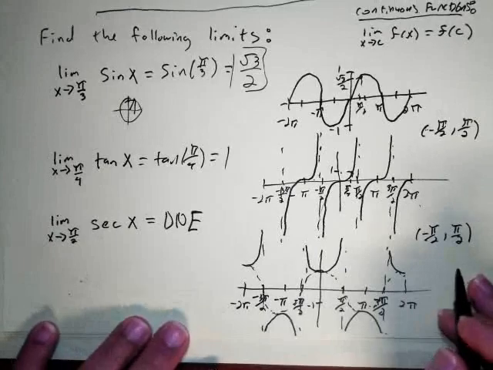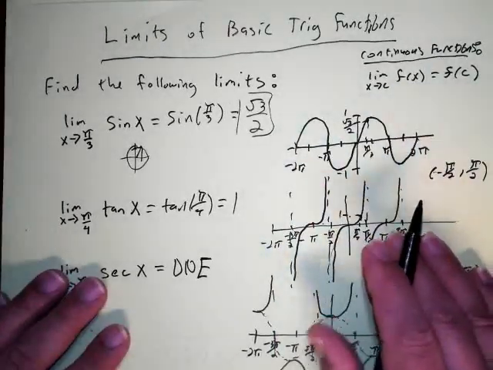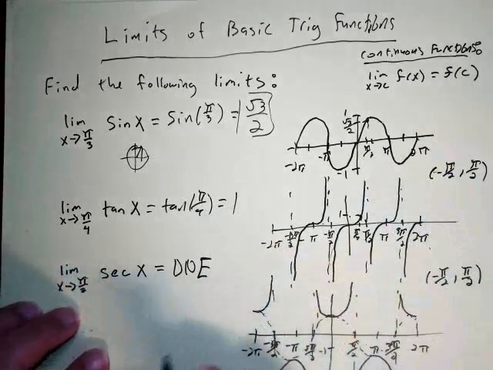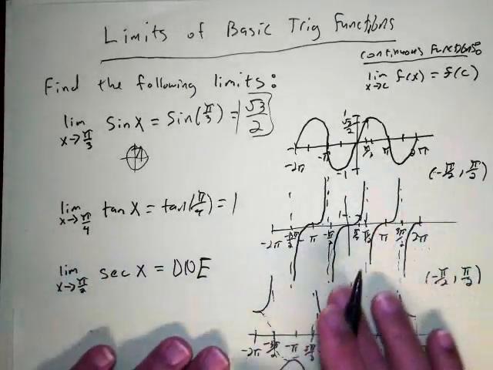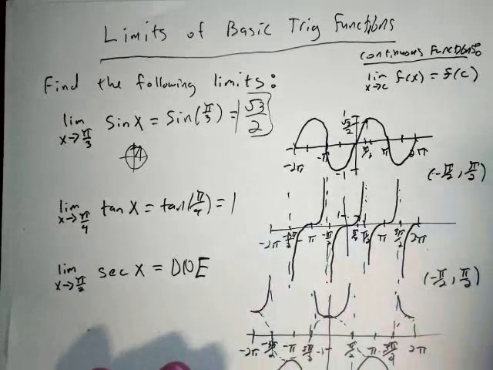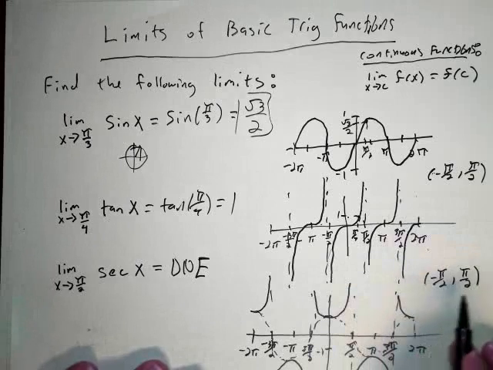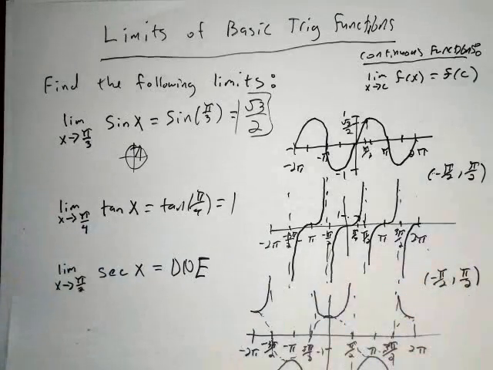Okay. So basically, sine, cosine, no problem. Tangent and cotangent, secant, cosecant, for a large majority of points you can find the limit. You just have to be careful of those asymptotes, right?